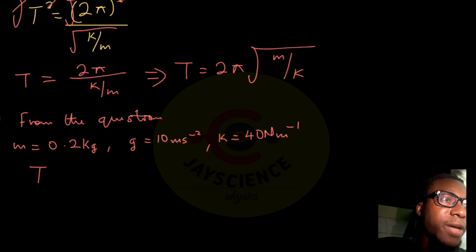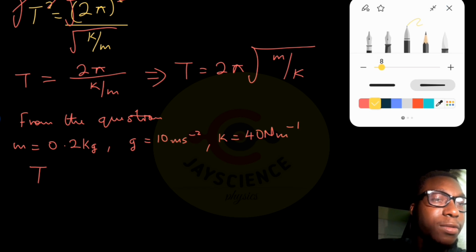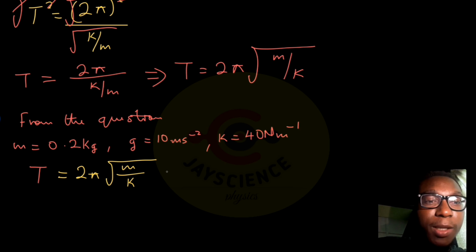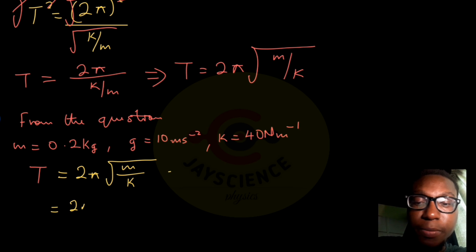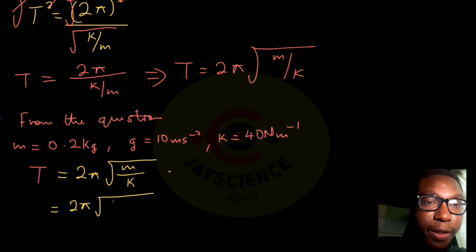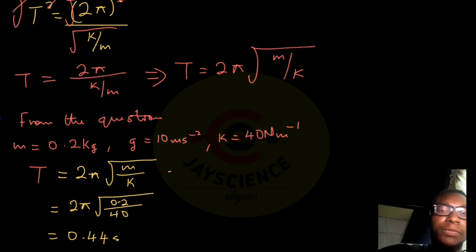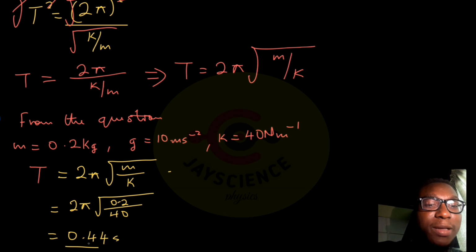So we slot that into our equation. The period is 2 pi times the square root of 0.2 divided by 40. This should give you 0.44 seconds.